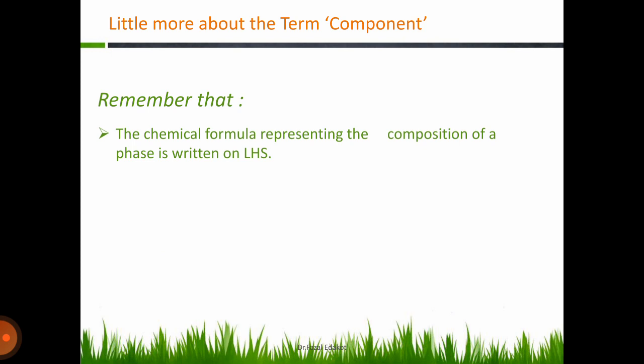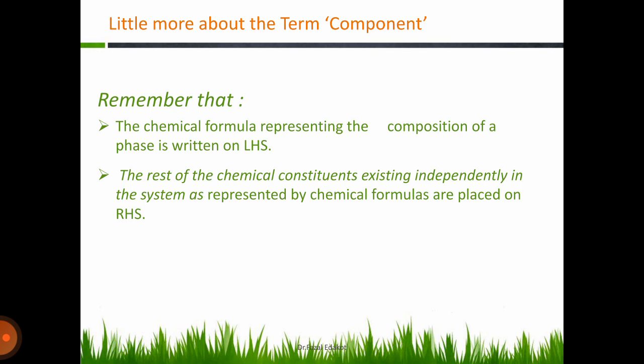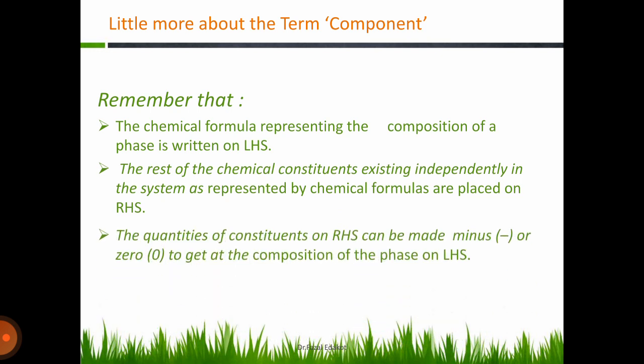The chemical formula that represents the composition of the phase will be written on the left hand side. I'll show you the example. And the rest of the chemical constituents existing independently in the system, as represented by the chemical formula, are placed on the right hand side. So if you want to talk about the phase of a particular chemical formula, the other chemicals will be written on the other side. I'll show you with an example.